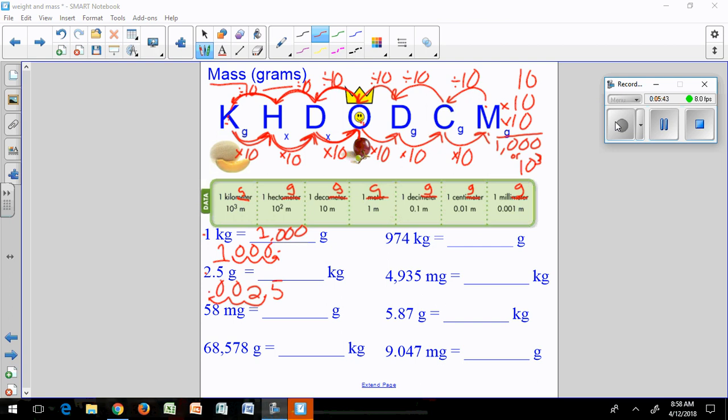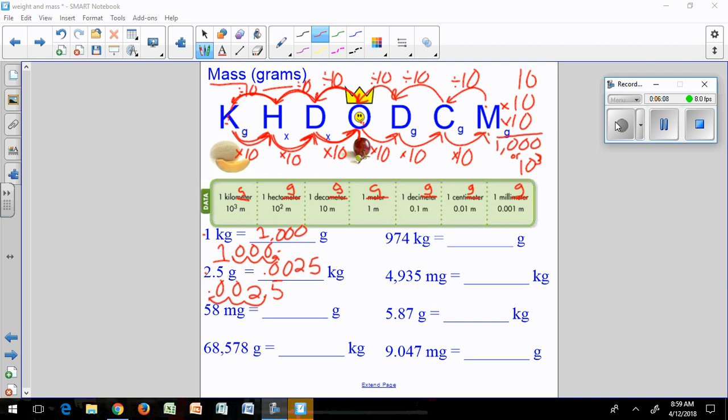Fill in with zeros. So in 2.5 grams, there are 25 ten-thousandths kilograms. 2 and 5 tenths grams is 25 ten-thousandths kilograms.